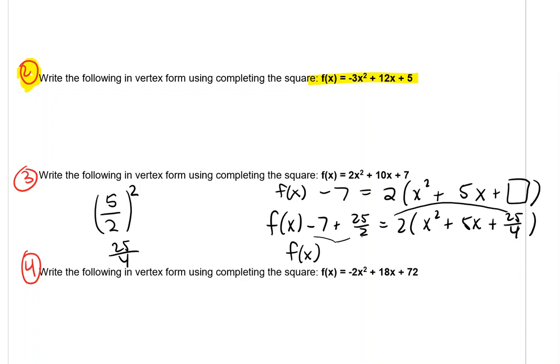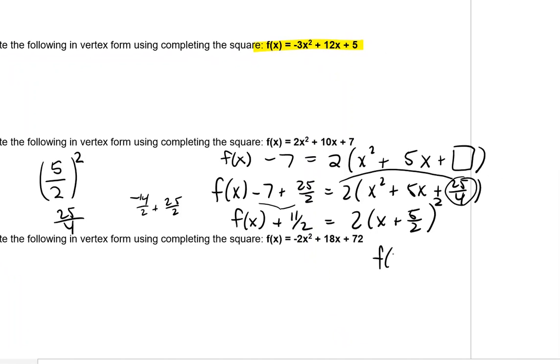So what I have here is negative 14 halves, 5 halves, is 11 halves. The reason I left this one as a fraction is because it's easier to factor them. And then f of x is equal to 2 times the quantity x plus 5 halves squared minus 11 halves.